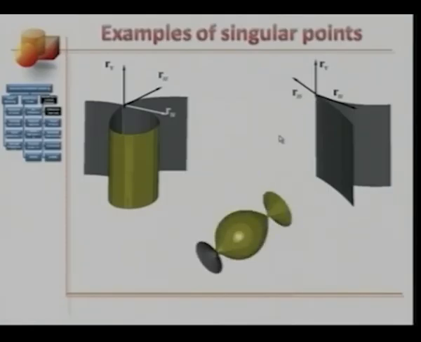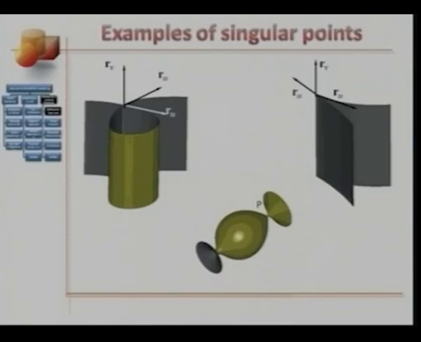This one is the third example. If you look at this point here, or maybe this point here, this is a singular point again, because tangents are not uniquely defined.